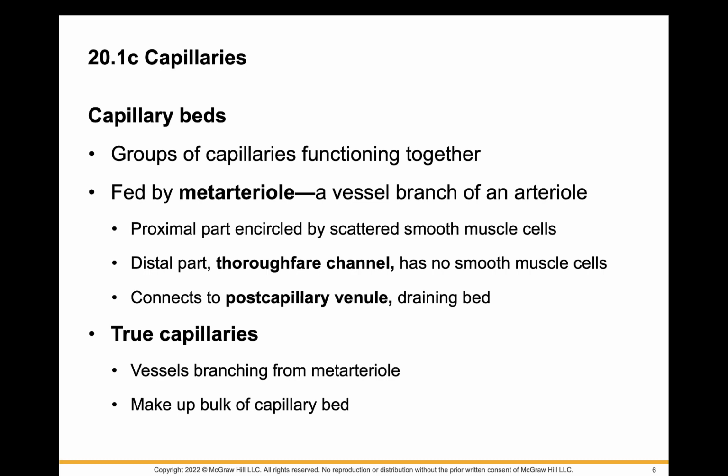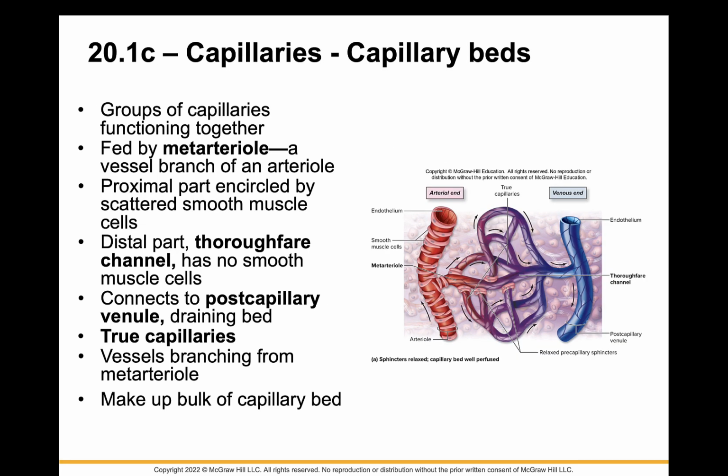And then we have true capillaries, and these are the vessels that are actually branching off the metarteriole. And that's really what we're talking about as far as the capillaries we expect to find in a capillary bed. Here we can basically see the metarteriole, and once again, that's a thoroughfare channel. We have the arterial side and we have the venous side. And then here we're looking at the true capillaries.